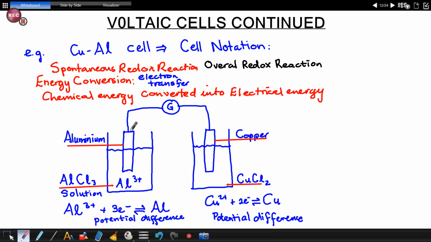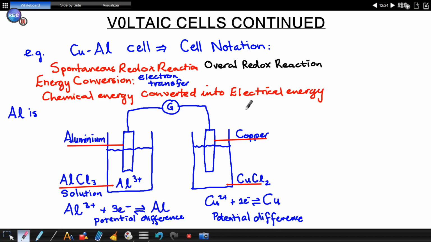The moment I join aluminium and copper, there's a wire through which electrons can flow. Why would electrons want to flow through that wire? Aluminium is in contact with copper. Aluminium is a what agent? Aluminium is a reducing agent.